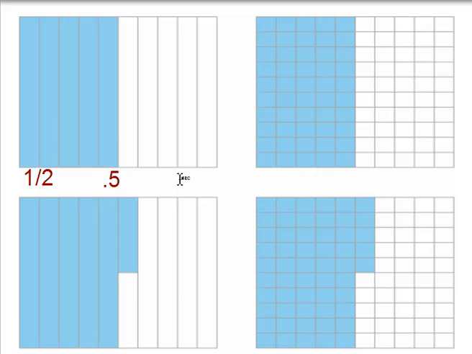I would say 50% of it is filled in. I just wrote this as a fraction, a decimal, and a percent, and it all means the same thing. Now, that was out of 10. It still is 1/2 here.